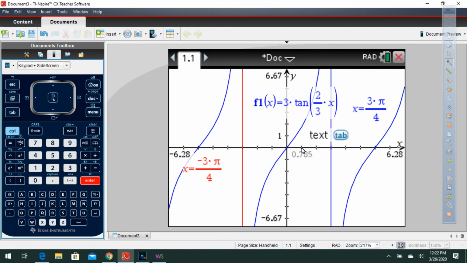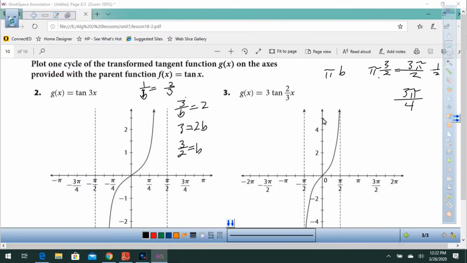So if this is pi over 4, pi over 2, and that would be 3 pi over 4. Well, that helps. That's going to be this line here.